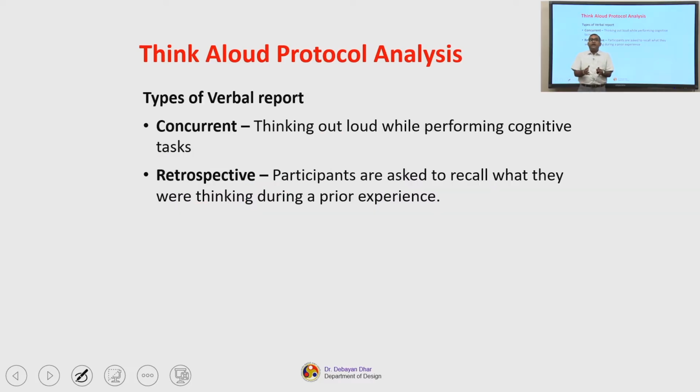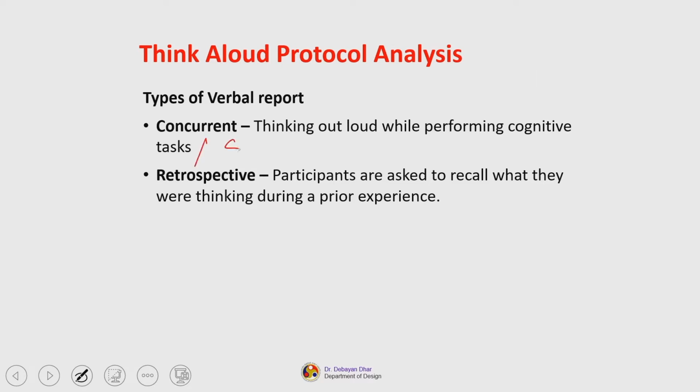Now, generally there are two types of verbal report, and what are they? They are concurrent verbal report and retrospective verbal report. Concurrent verbal report means thinking out loud while performing the cognitive task. That means the task and the verbalizations are done simultaneously.